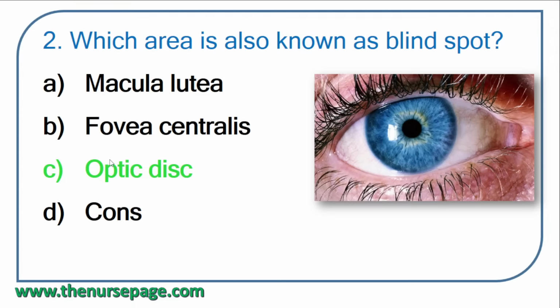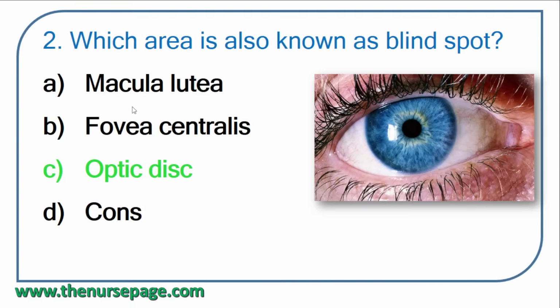The optic disc is known as the blind spot because there are no cones or rods, the photosensitive cells situated in the retina of the eye. In the optic disc, these photoreceptors are not there. The macula lutea is the central point of the posterior retina and gives clear vision.